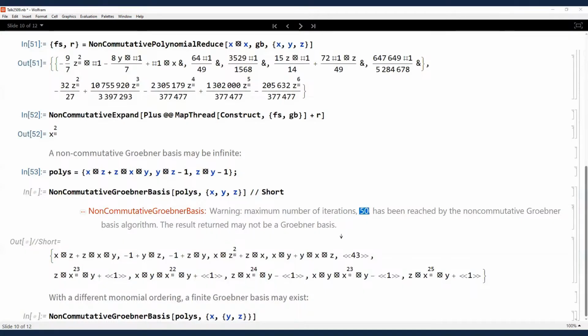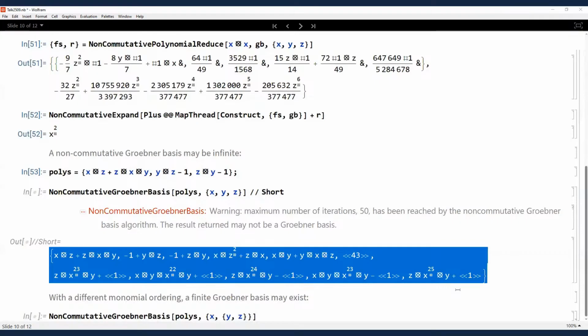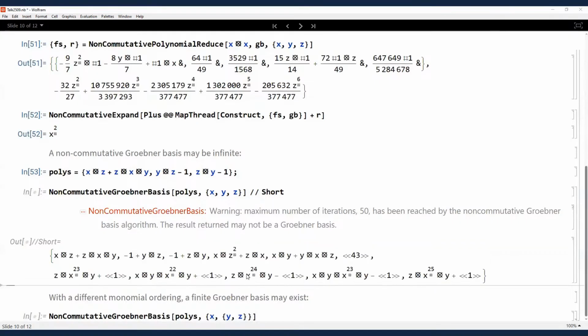By default, it's 50. After 50 iterations, we didn't get a Gröbner basis. As you can see, there is a certain pattern where you can have an arbitrary power of x here between z and y.